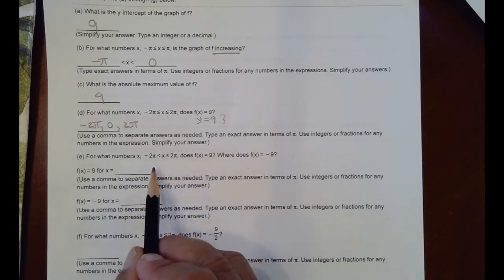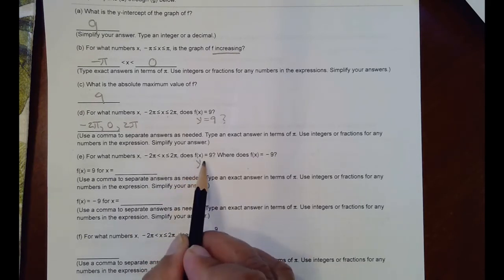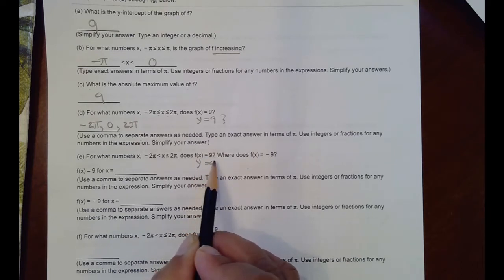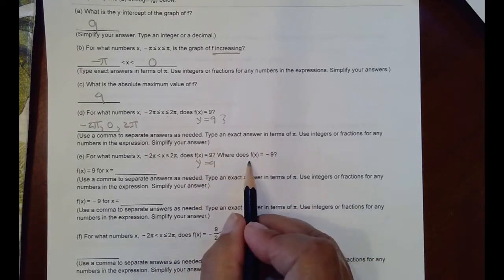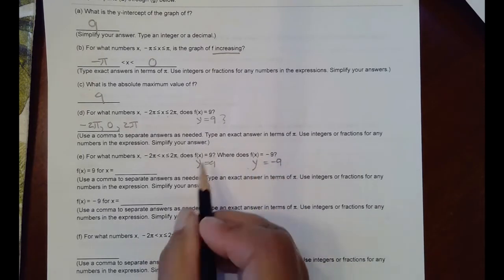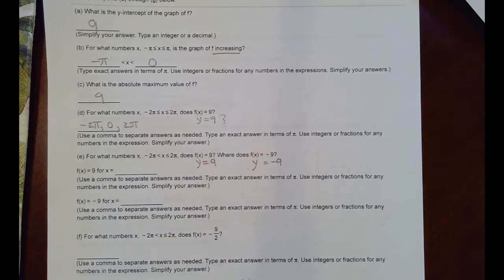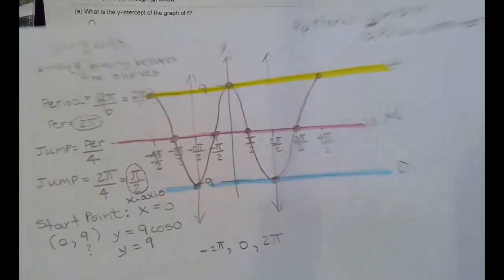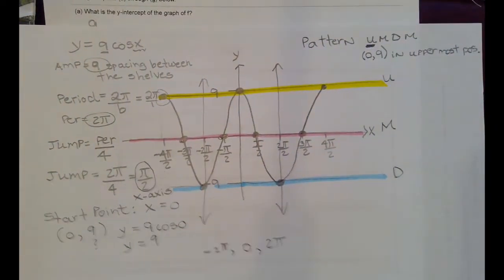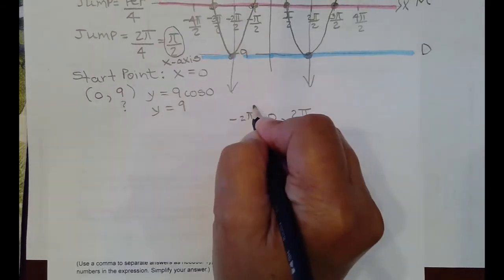Okay, so we already know that in this particular problem, when we were looking at when is it positive 9, that occurred at negative 2 pi, 0, and 2 pi, but we're not allowed to use this answer this time, again, because there was no little equal sign right here next to the negative 2 pi. So that's out. So when is the y value equal to positive 9 for this value and this value? Okay, we also need to identify when is the y value equal to negative 9.